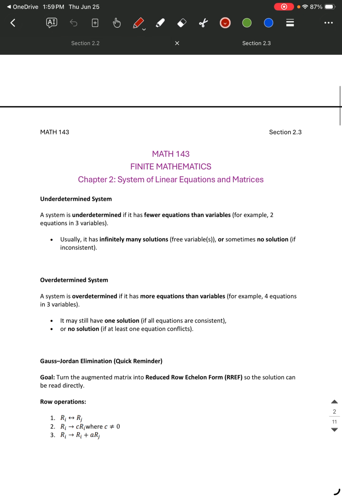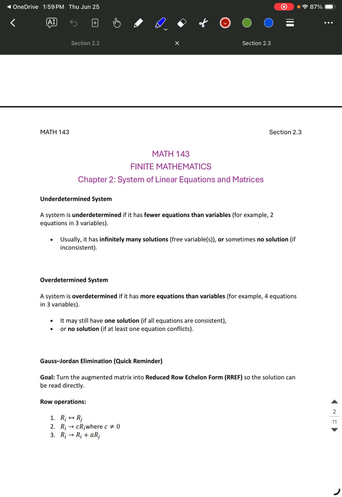Okay, let's begin with two important definitions. An underdetermined system has fewer equations than variables.